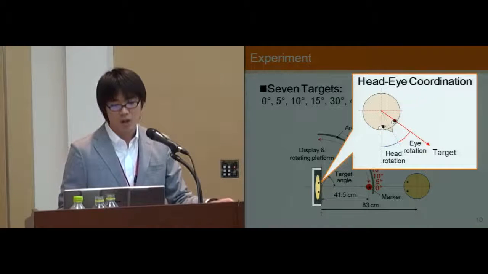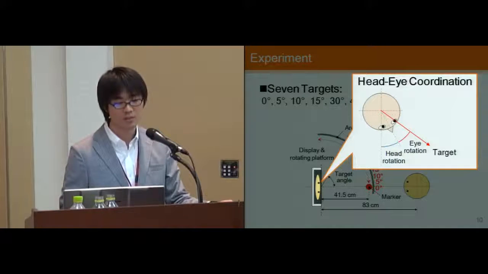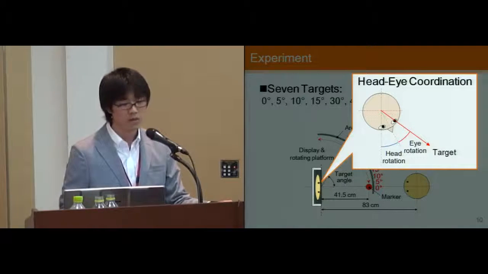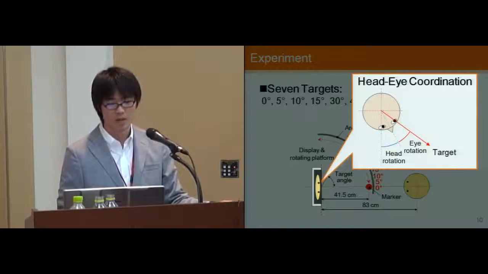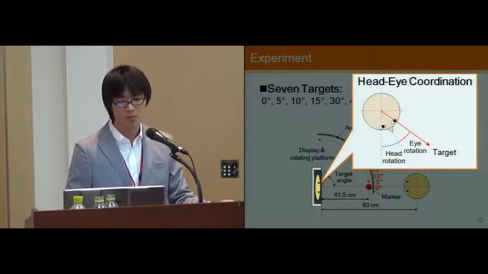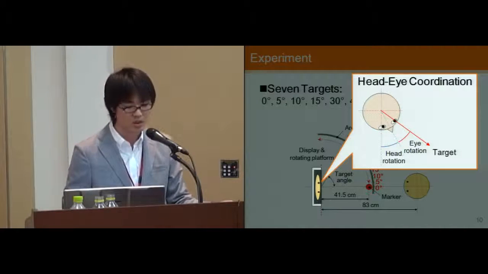Note that our head and eyes move coordinately when people focus on a displaced target. Both head rotation and eye rotation contribute to the focus in a specific ratio. In this experiment, we especially wanted the looker to show a typical head-eye coordination ratio.